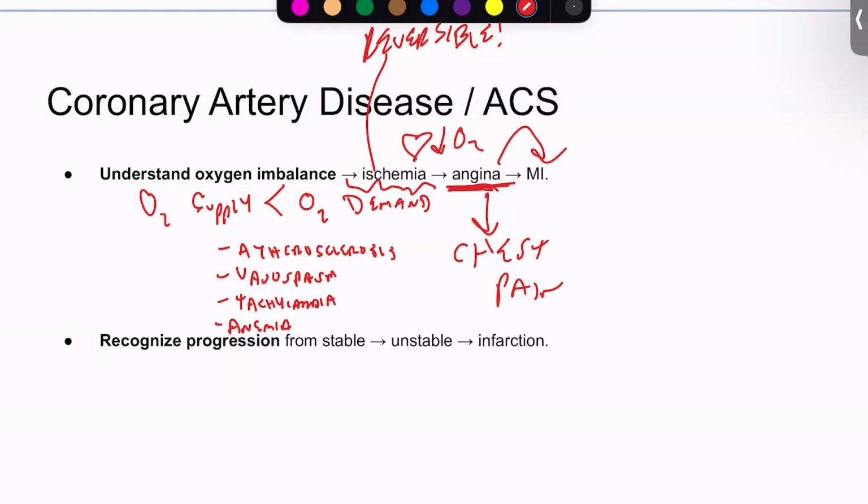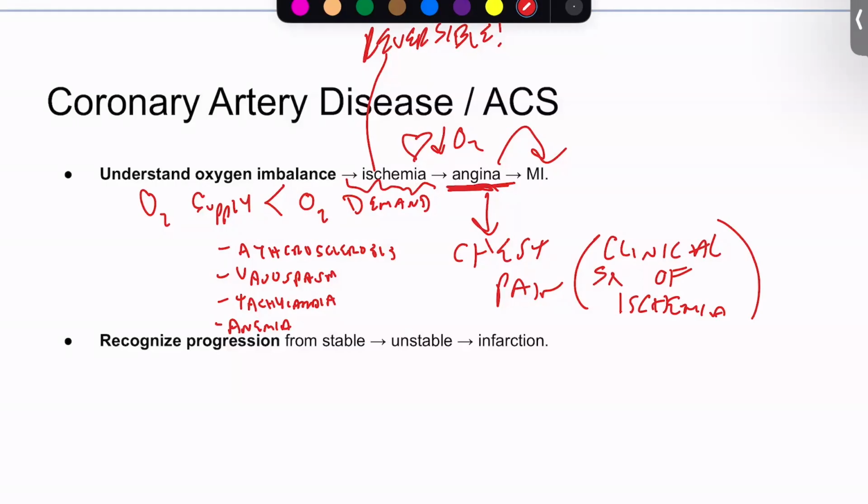And then angina, that's the clinical angina right here. Chest pain, it's the clinical symptom of ischemia. It's chest pain from inadequate blood flow. Remember our three kinds: stable, variant, and unstable. And then we finally have the MI.